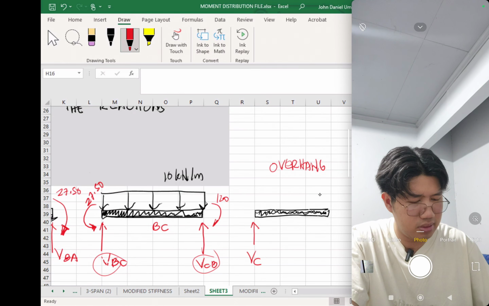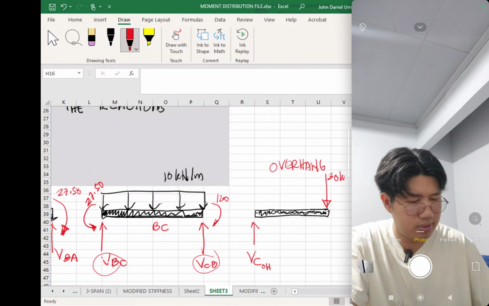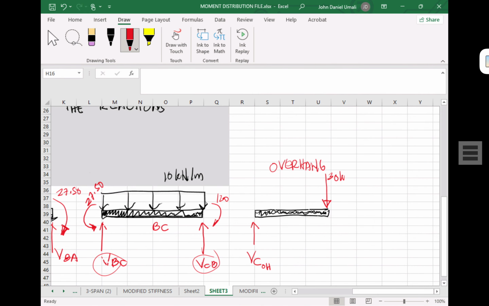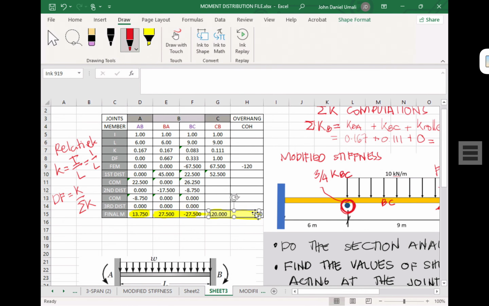Okay, VC overhang, and then meron kang 30 kilonewton nag-act dito, and then overhang moment mo is negative 120, or yun lang, negative 120.